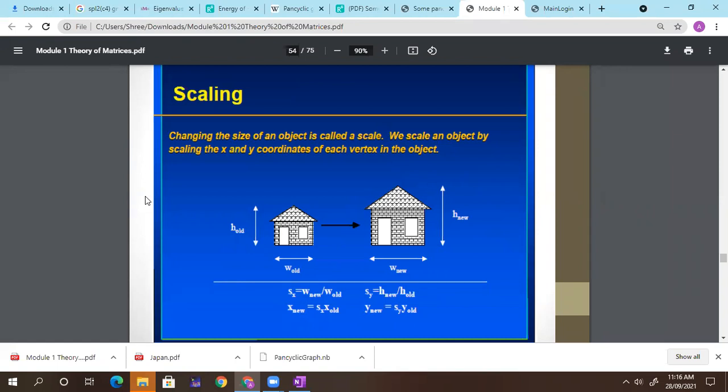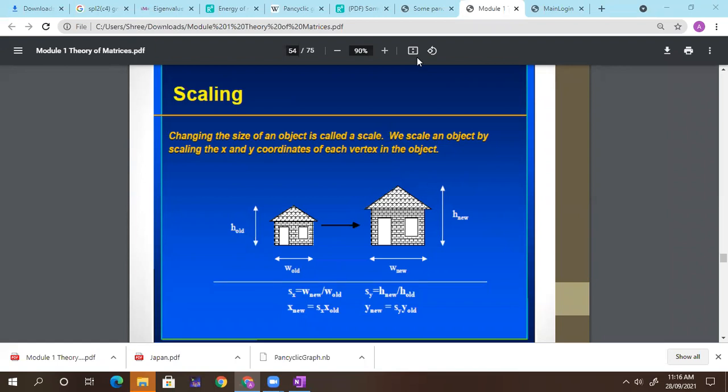If I multiply that number to that width, it is enlarged. That number sometimes is in decimals, sometimes greater than 1, depending upon whether you want to enlarge or make a smaller figure. It depends on that only. And similarly, we will do it with respect to y. Everyone understand that?